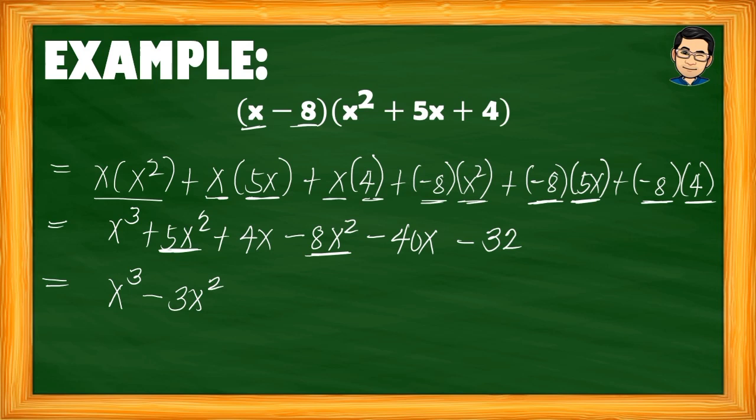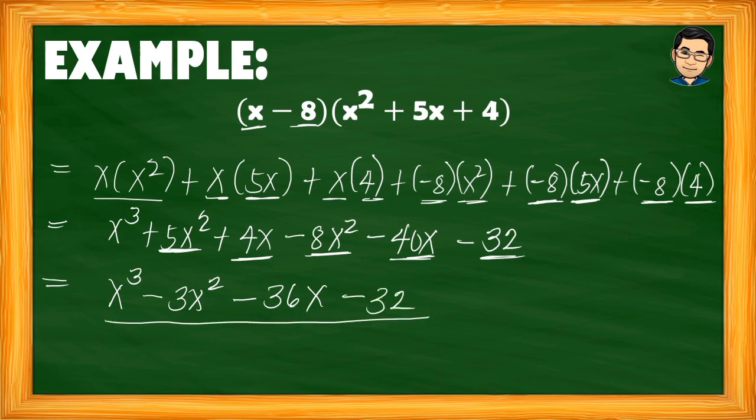And then 4x minus 40x, so that is negative 36x. And then we copy negative 32. So, the product of x minus 8 and x squared plus 5x plus 4 is x cubed minus 3x squared minus 36x minus 32.